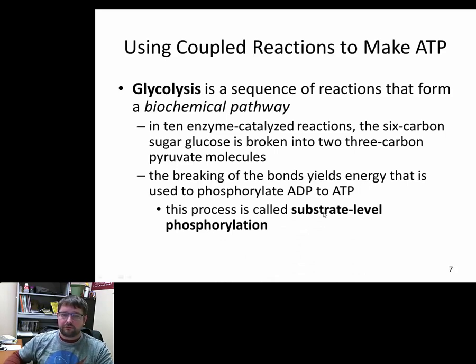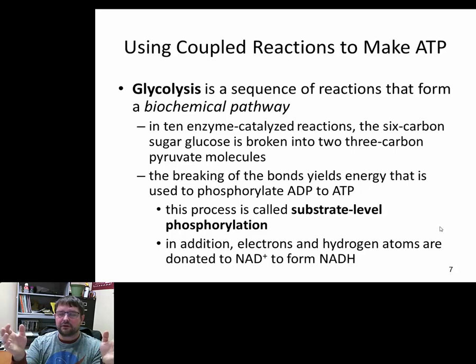So remember, the substrate is part of that biochemical pathway. Substrate enters the enzyme, product comes out, that's the substrate in the next one, on and on. Okay? And phosphorylation, again, is just adding a phosphate. So substrate-level phosphorylation.